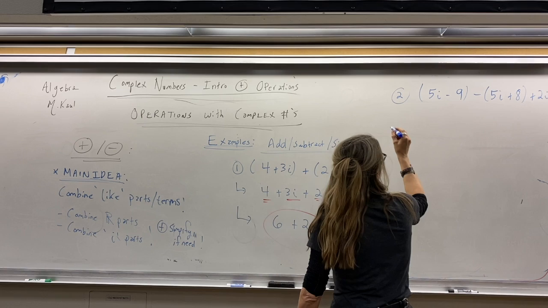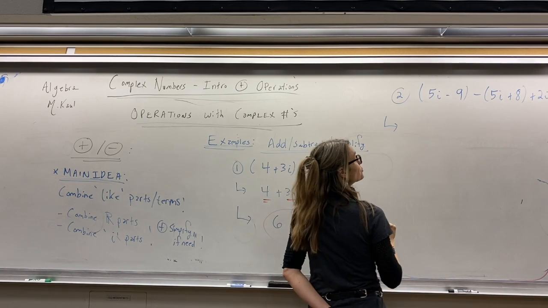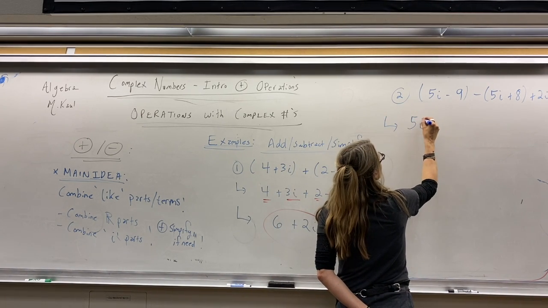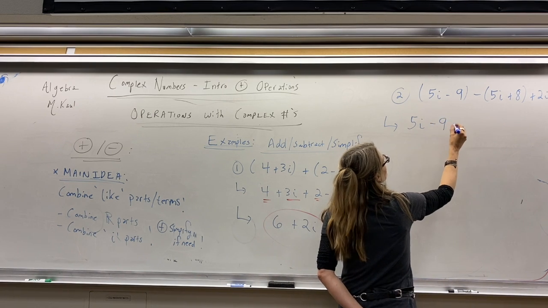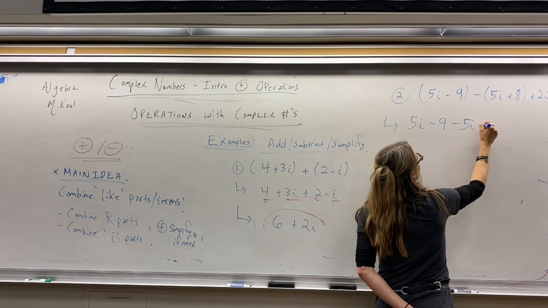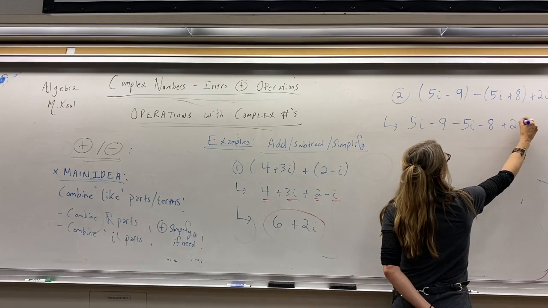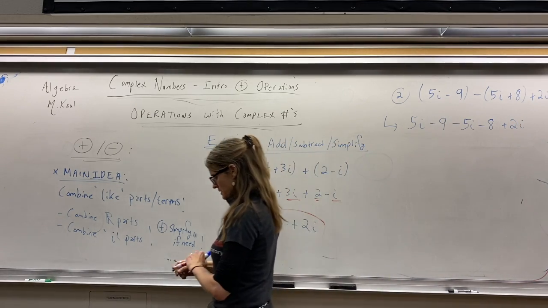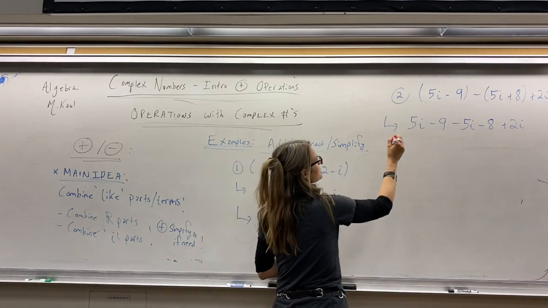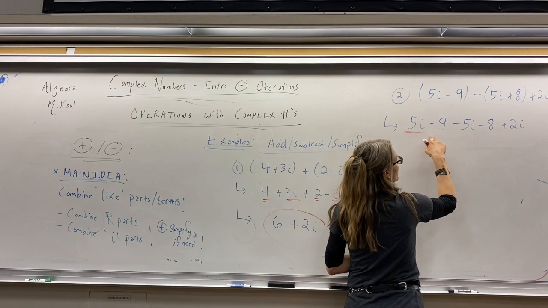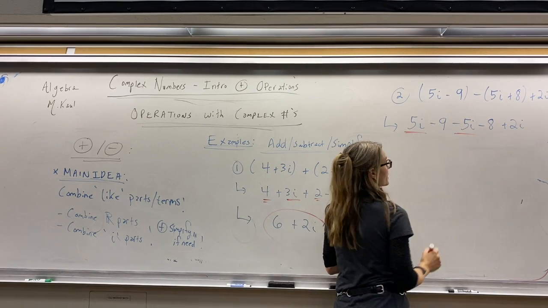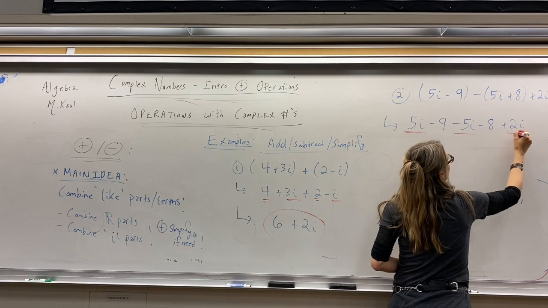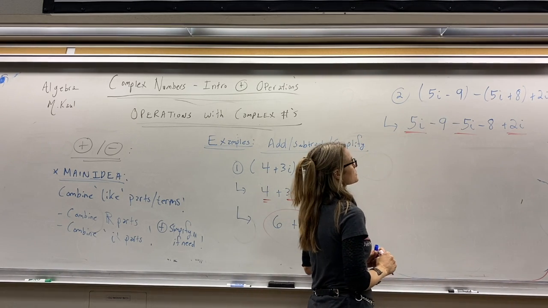Well, the same thing applies. Let me go ahead and remove all my parentheses first. I have 5i minus 9 minus 5i minus 8 plus 2i. And what I'm going to do is combine all my like terms. I have 5i's minus 5i's, 0i's, and then plus 2i's. So I'll end up with 2i's.